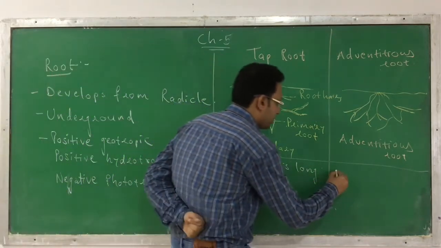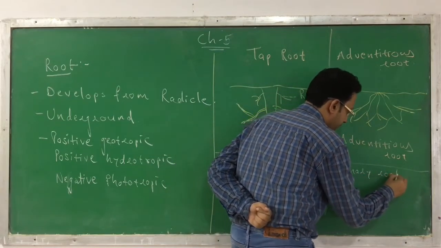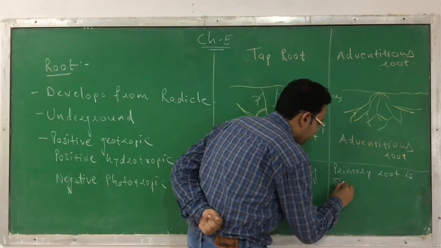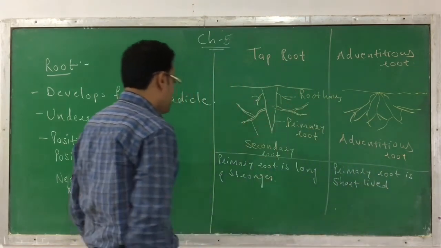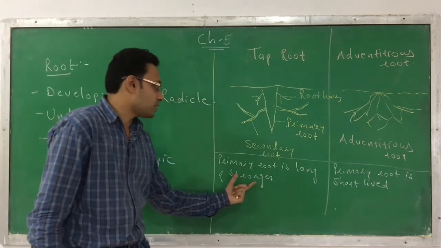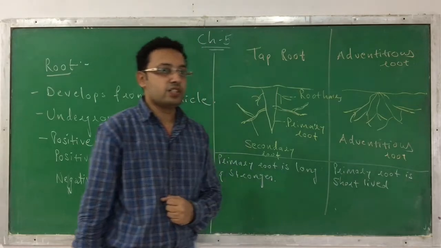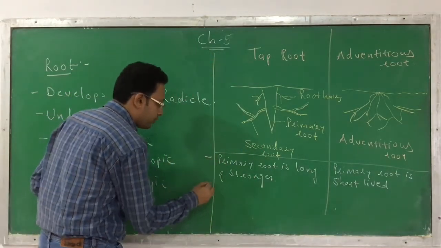Here the primary root is short-lived, just for a short time duration. In the case of a taproot, the primary root is long and strong. In the case of an adventitious root, it is short-lived. So this is the characteristic that is going to be observed.